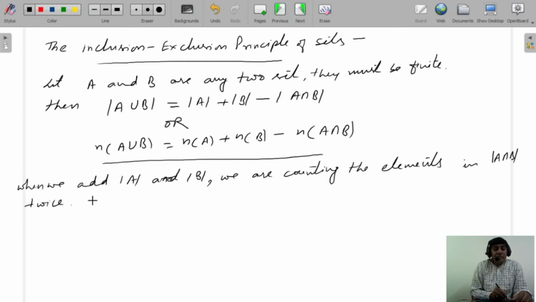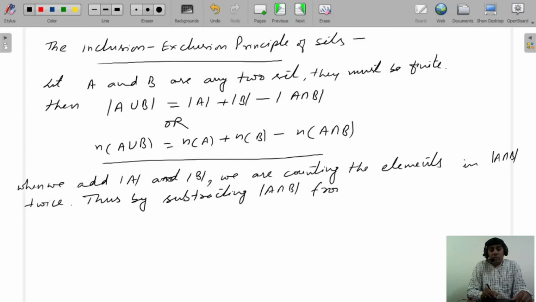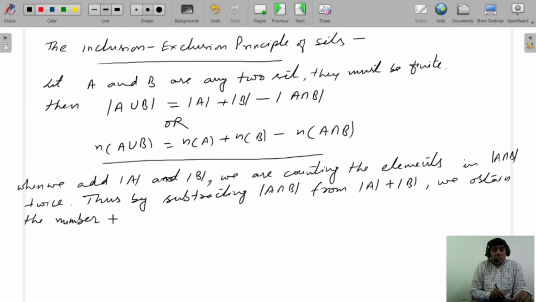Thus by subtracting A intersection B from modulus of A plus modulus of B, we obtain the number of elements in A union B.